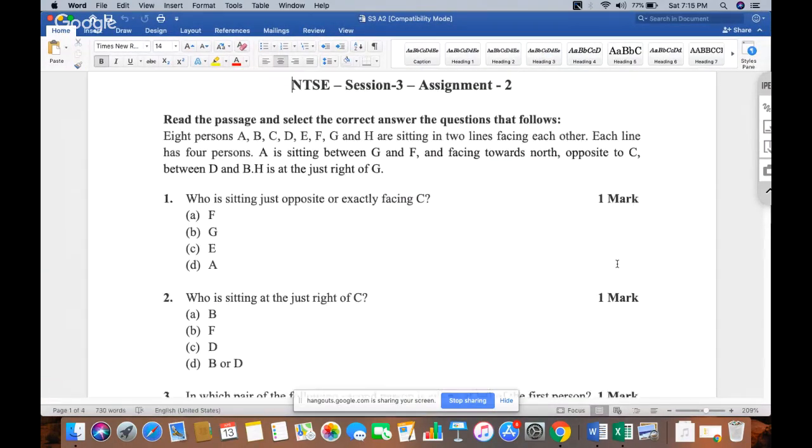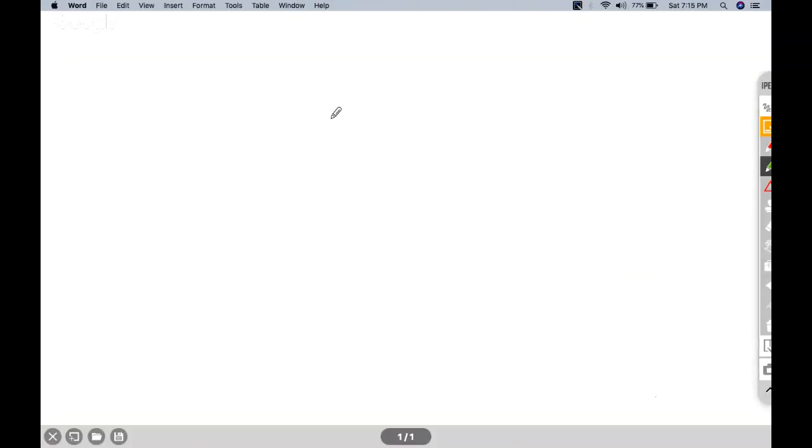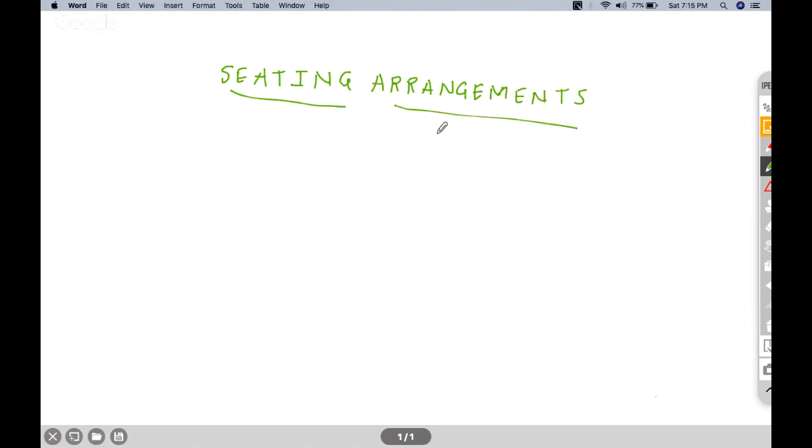So this is the first question. One thing that you need to make clear in your mind is, in seating arrangement, you have to look at the direction in which the objects are facing.